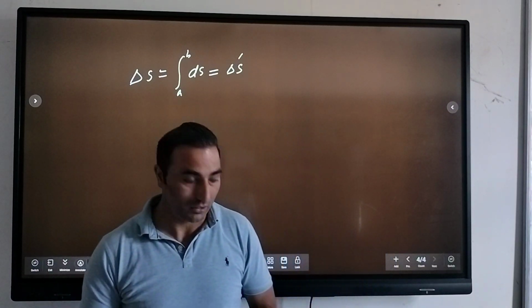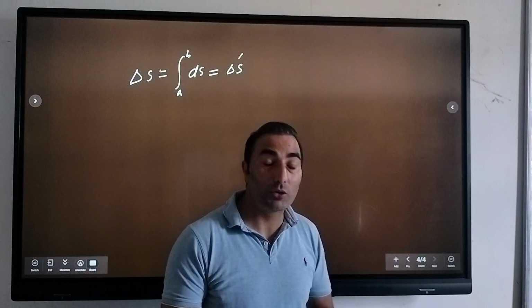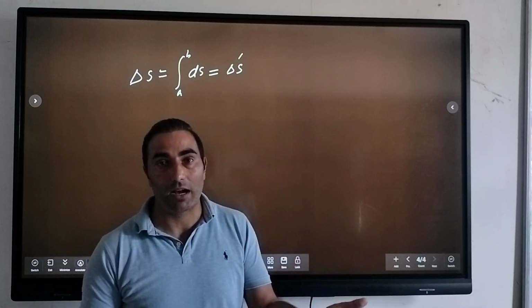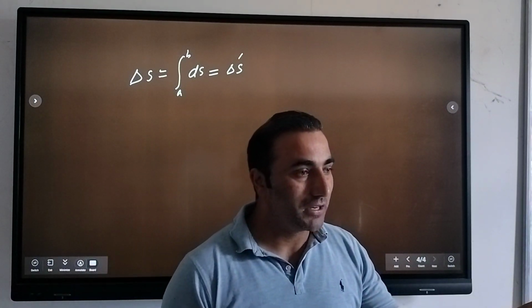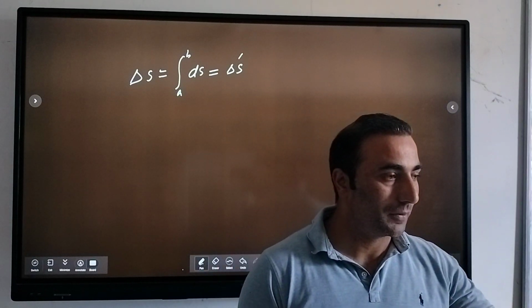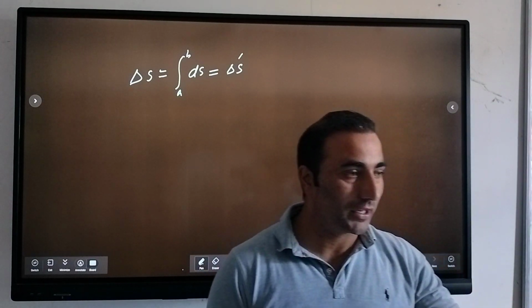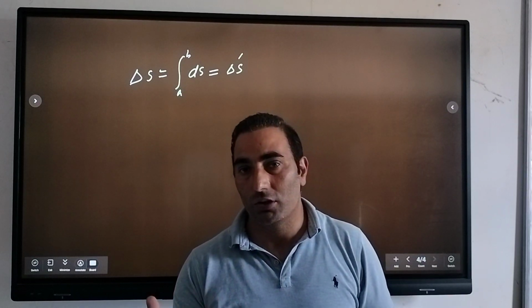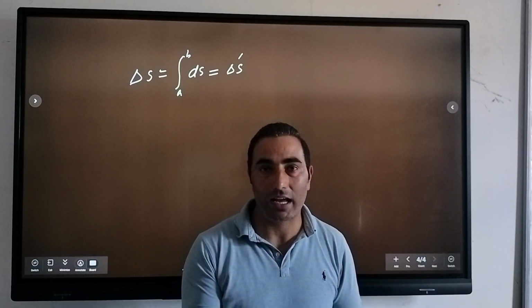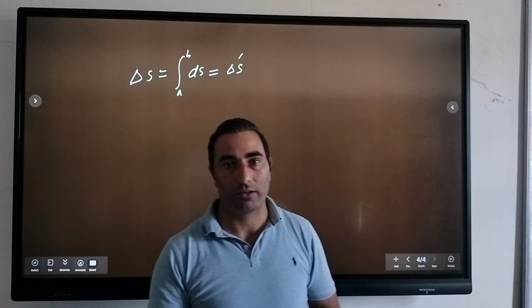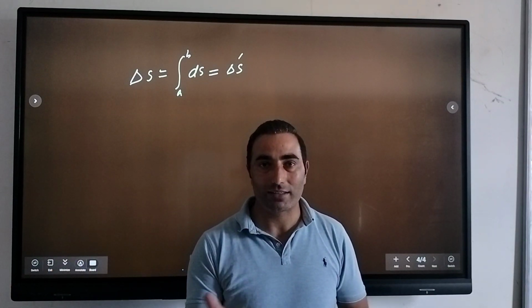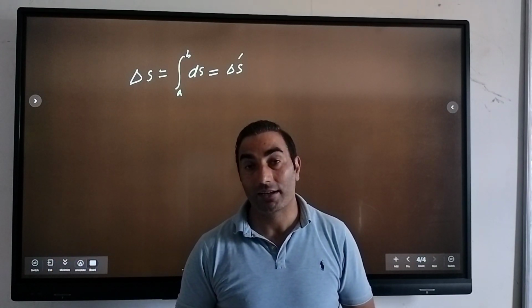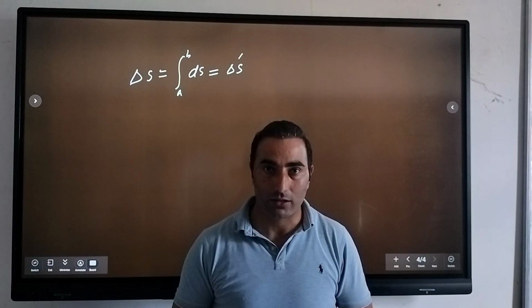In classical or Newtonian mechanics, it hardly matters. Suppose you measure the time interval in one frame of reference, and with the same watch, you calculate that time interval in some new frame of reference. It hardly matters, right? So we can say that in Newtonian mechanics, the time interval is an invariant quantity, right?